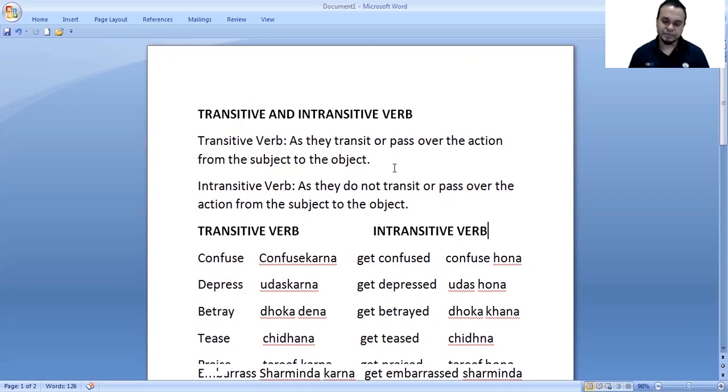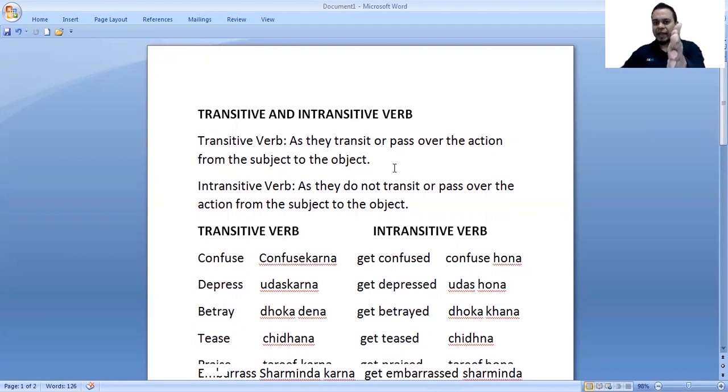For an example, if you want to create an action of beating or hitting, you need someone to hit. If someone is not there and you are doing hand like that, this action will not be called beating. It's just I'm shaking my hand.